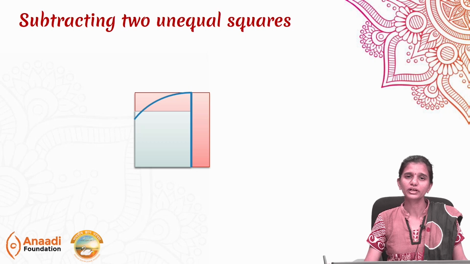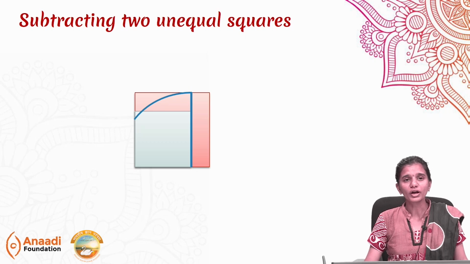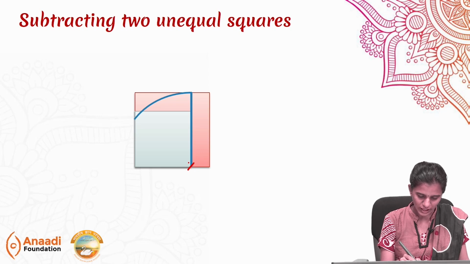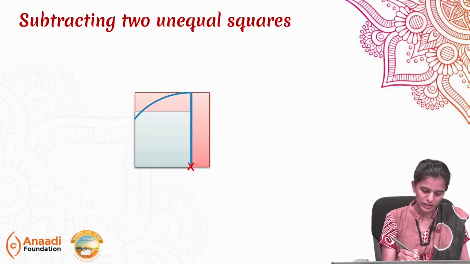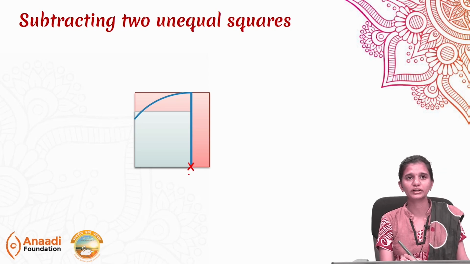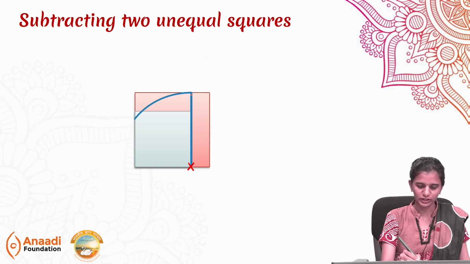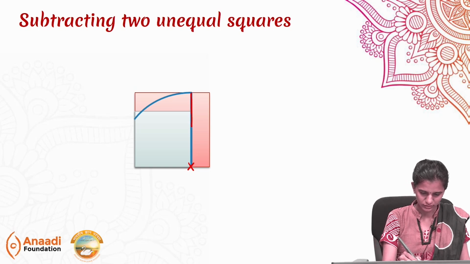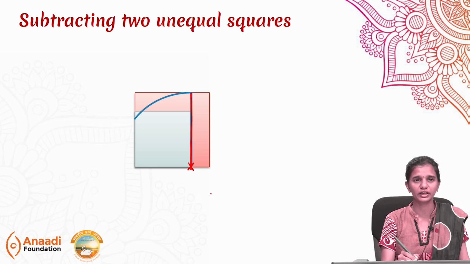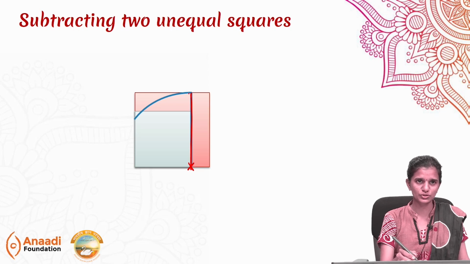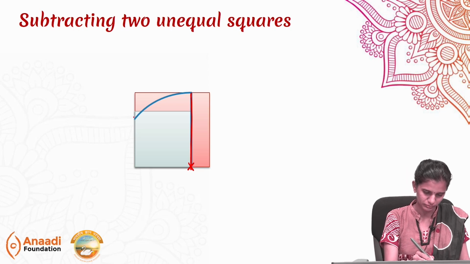Now, draw an arc with the bottom corner of the smaller square as the center. So, last time we took that corner, this time we are taking this corner as the center and the height of the bigger square as the radius, that is this length. Then draw an arc that will touch the larger square side at one point like this.